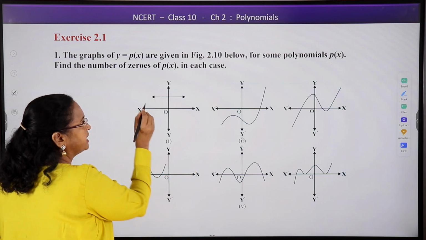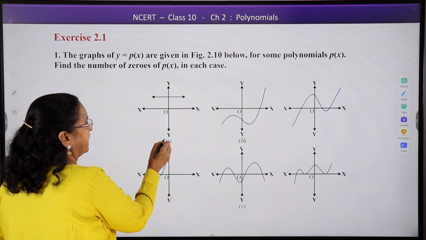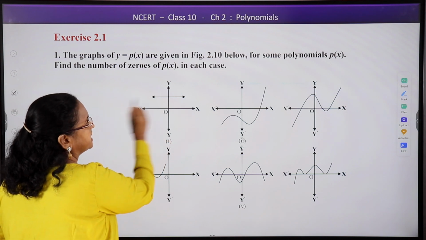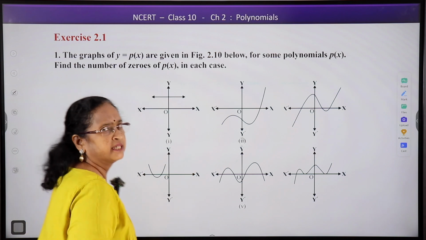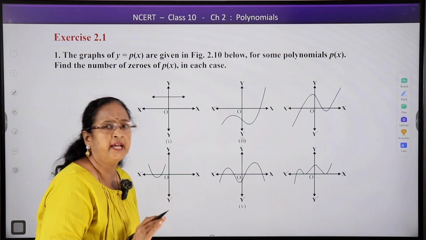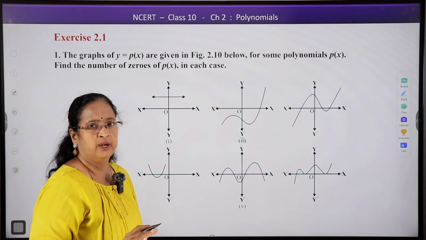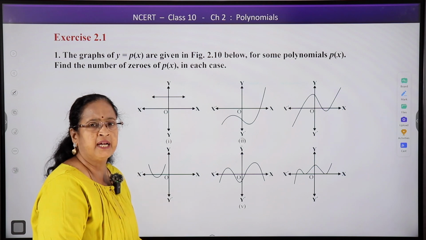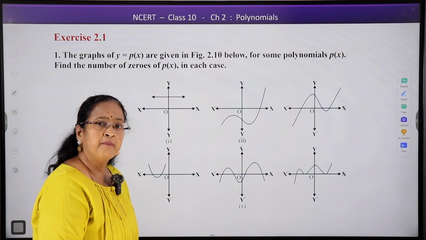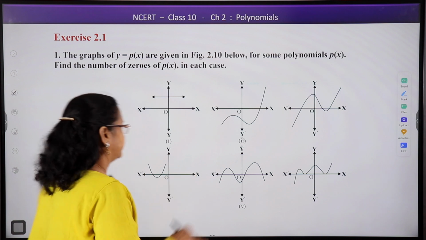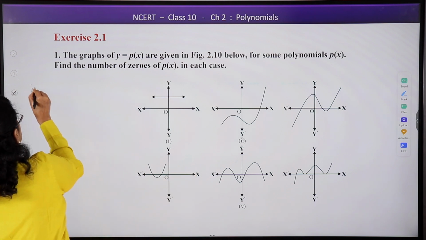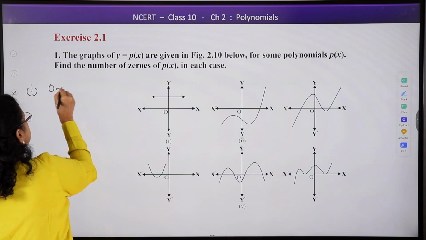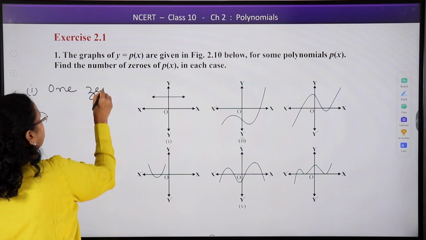Now the first graph, the first part, the graph is just parallel to the x-axis, not touching the x-axis at all. Yes, please tell me the answer. How many zeros? Part 1? Correct. Part 1 has 0 zeros.